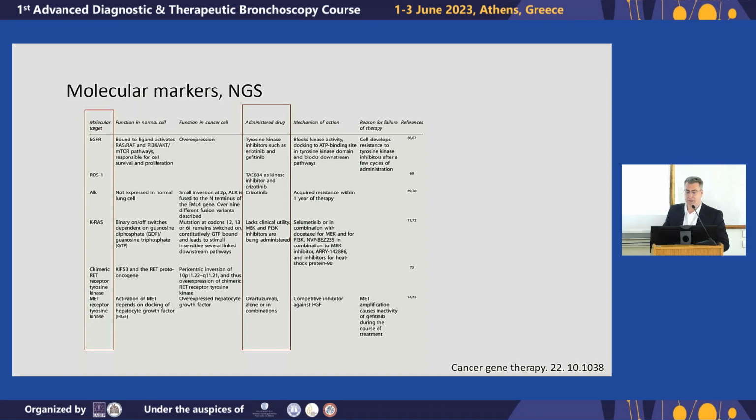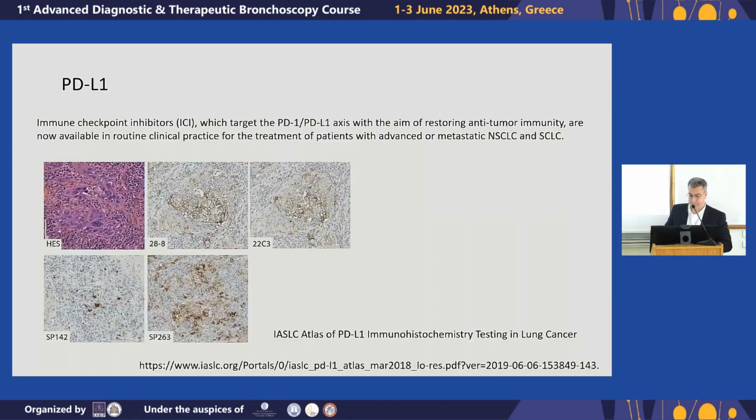The stakes are high because now our oncologists need our molecular markers, and usually they need the molecular markers at a great level. They do the NGS, the next generation sequencing, which has evolved and needs less tissue, but nevertheless we have to be sufficient, and we should not get back the result saying that we were not able to do this approach.